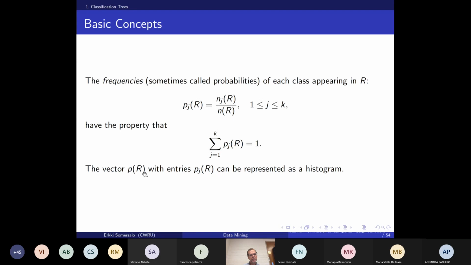Sometimes it's easier to think in terms of probabilities rather than frequencies. In this case they are synonyms, and you can form a vector p with components pj, and you can now draw a histogram of this vector. That histogram tells you how the points are distributed.